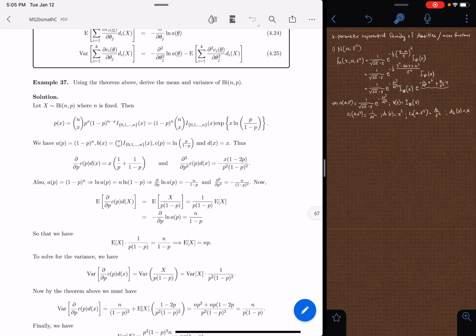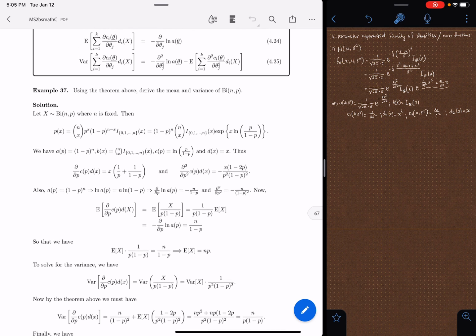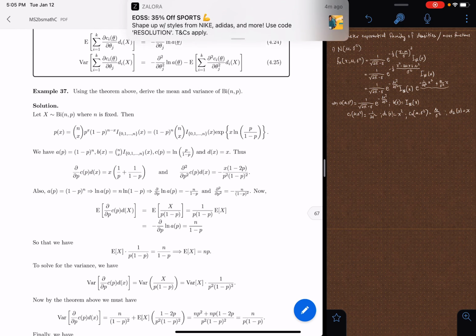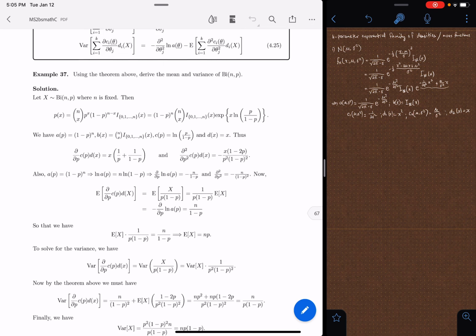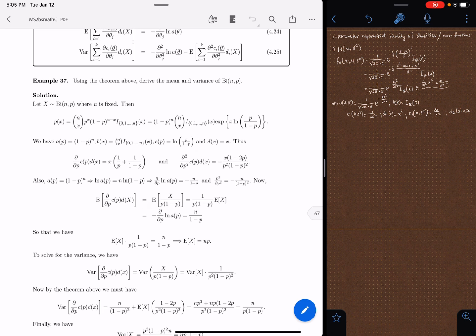So, yan yung isa-substitute natin dito. Pero naka-negative yan. So, in-negative natin yan, magiging n over 1 minus P squared plus, bakit naka-plus na yan? Kasi minus expectation yan siya ng second partial ng C of theta times D of X.